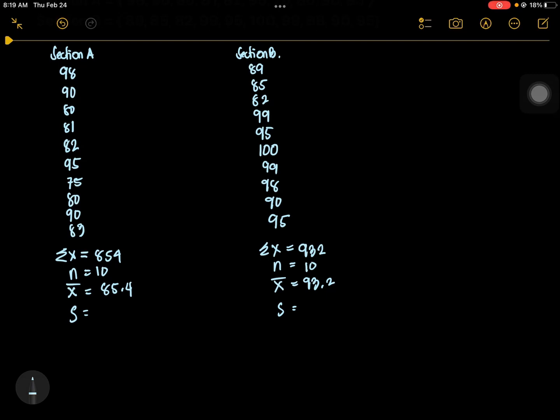let's have another way of solving standard deviation. So this is our score. Let's have x squared of the score.